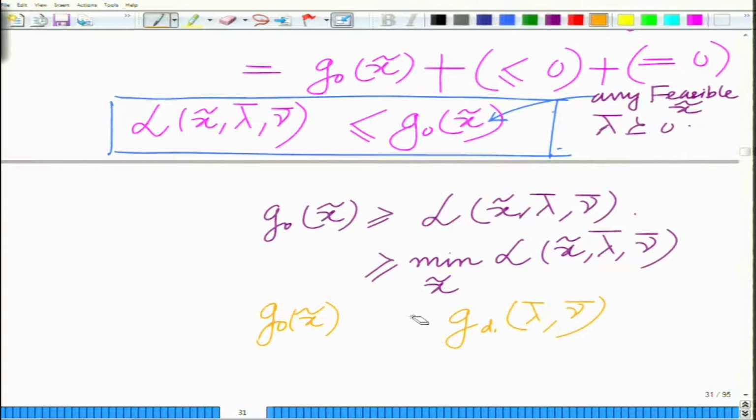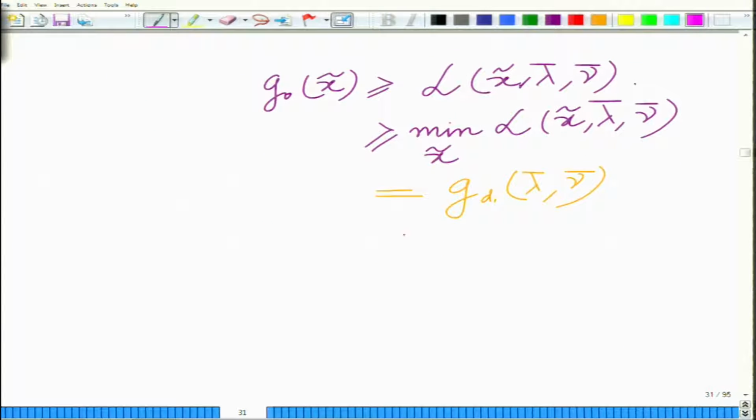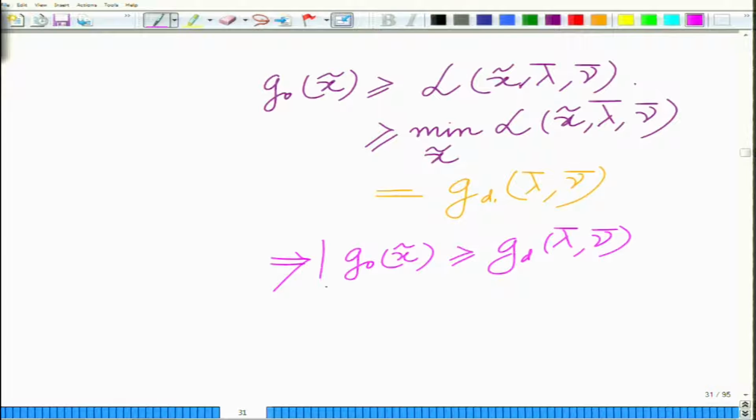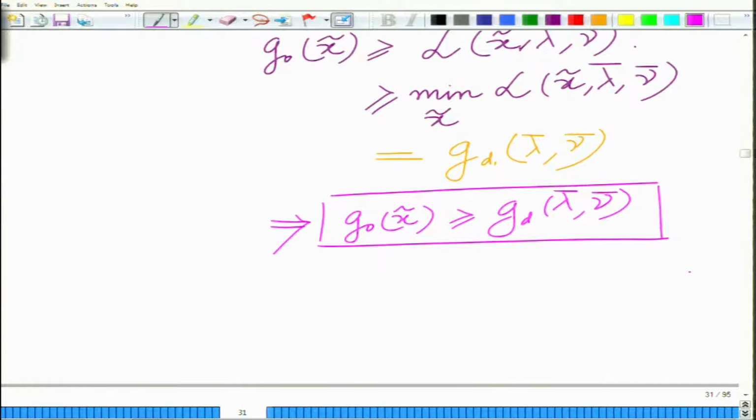Therefore, G naught of x tilde is greater than or equal to GD of lambda bar, nu bar for any feasible point x tilde.